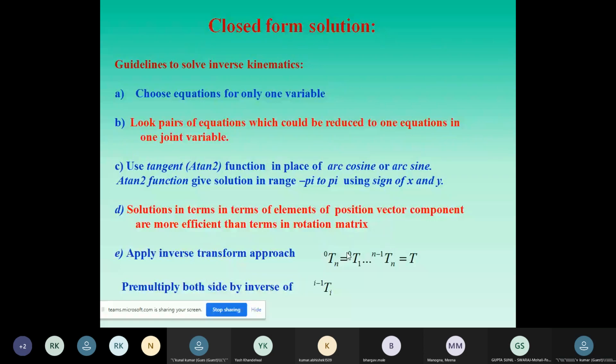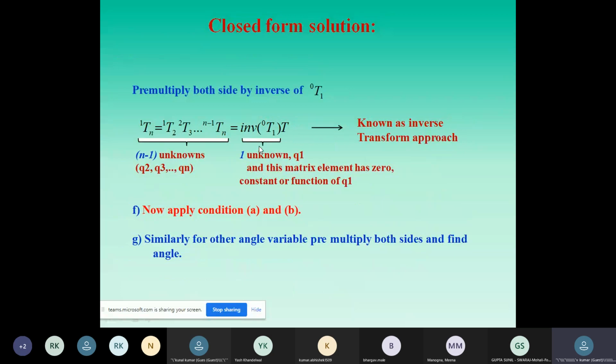If we pre-multiply both sides with the inverse of some link transformation matrix, then the right side has no unknowns, and the left side has only n minus 1 unknowns.